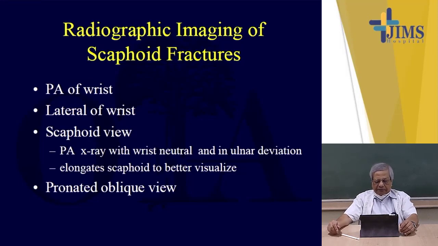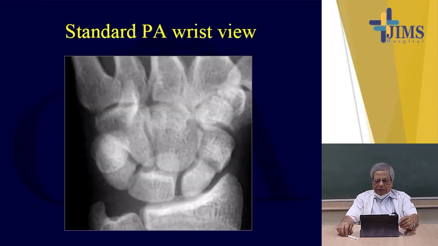This elongates the scaphoid to better visualize it. And a pronated oblique view like this. Look, this is the scaphoid bone. There lies the fracture. This is lunate, triquetral, pisiform, right?